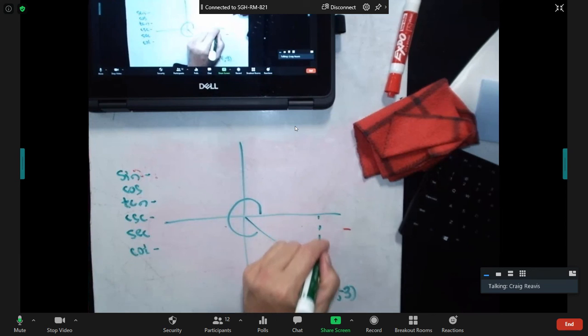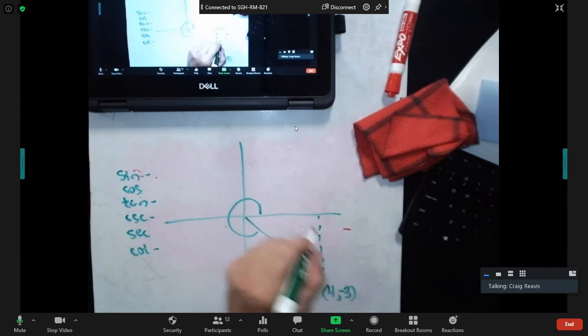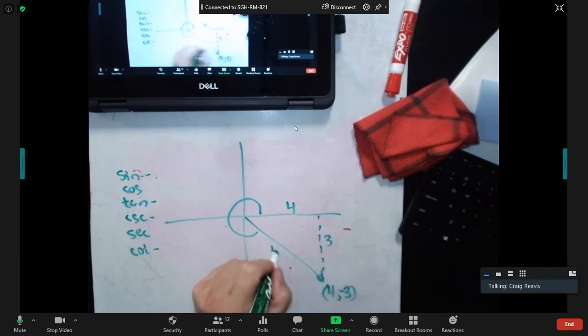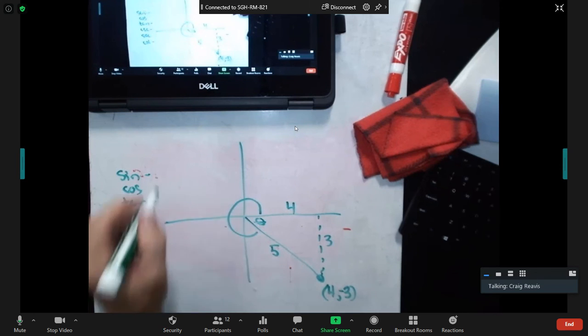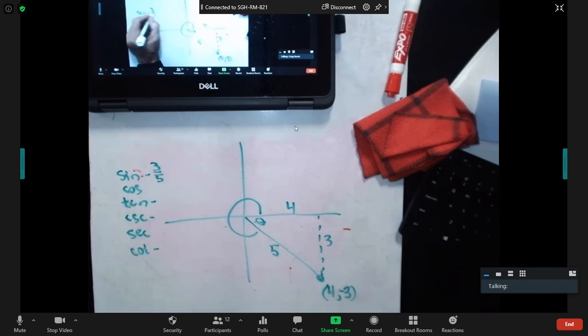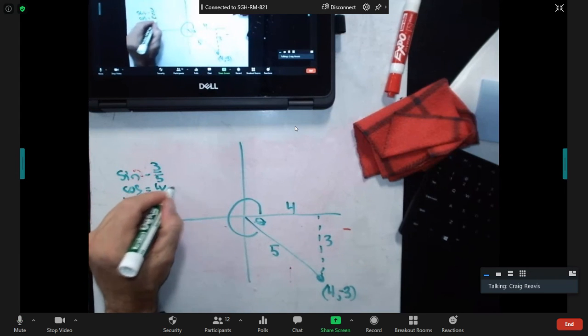Now, what we did was we completed this triangle. This is 4, this is 3, that means the hypotenuse is 5. So my sine, for this angle, is going to be negative, opposite over hypotenuse, -3/5. The cosine is adjacent over hypotenuse, 4/5.